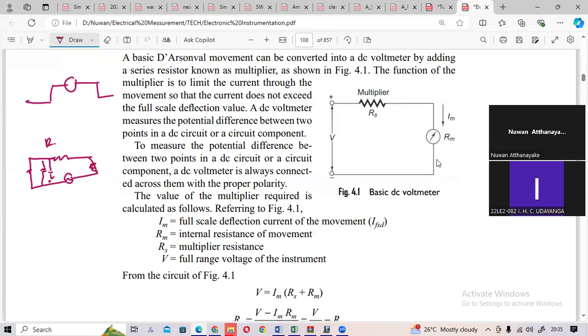If you want to measure a voltage between this terminal and this terminal, how do you connect your voltmeter? You have to connect your voltmeter in parallel, not in series.